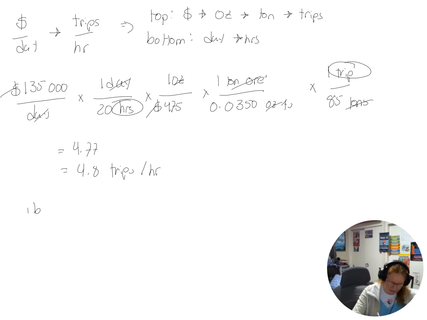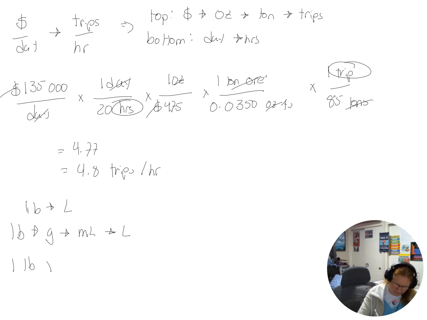Okay. All right. If you unpaused, what you're doing is you are going from pounds to liters. So the full roadmap is pounds to grams to milliliters to liters, okay? And so 1 pound, we have 453.6 grams in every 1 pound.